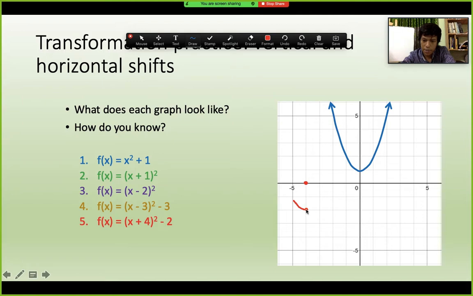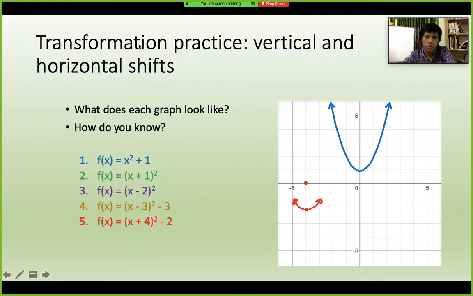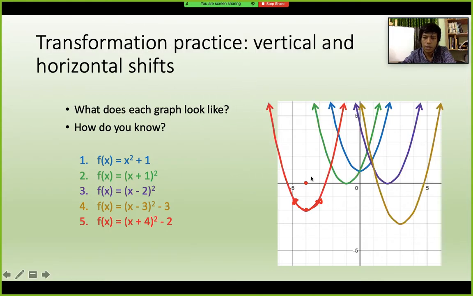The graph will be something like this. Last one. So let me show you the answer. See, the last one, the red color graph, is here.